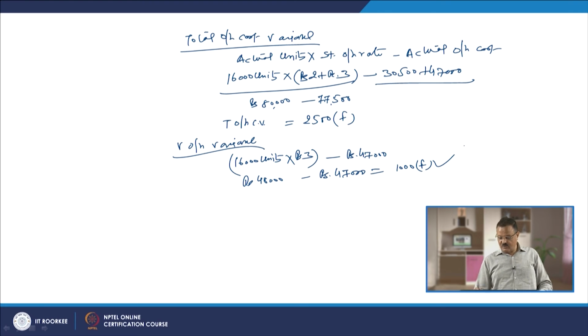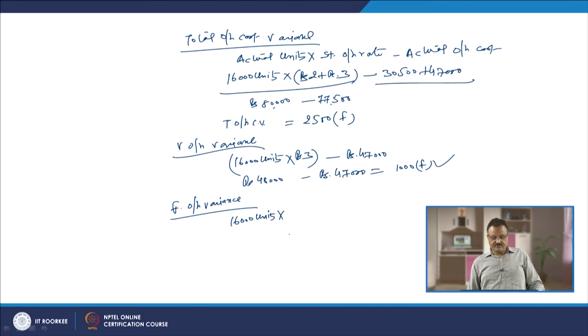So, we have found out the first dissection of the overhead cost variance, that is 1,000 favorable, and now we go for the fixed overhead variance. For the fixed overhead variance, again we have to take actual output, 16,000 units, multiplied by the fixed overhead rate. And what is the fixed overhead rate?